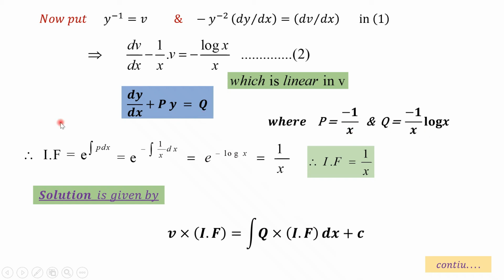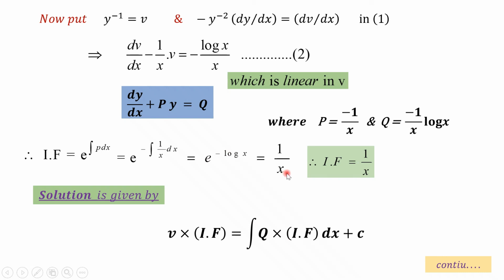Now come to the integrating factor I.F., that is equal to e raised to power integral of p dx equals e raised to power minus 1 by x integral with respect to dx equals e raised to power minus log x. Take this minus to the power of x, we get 1 by x.